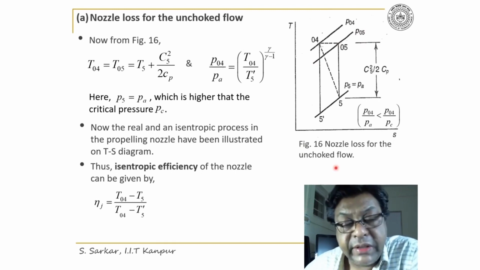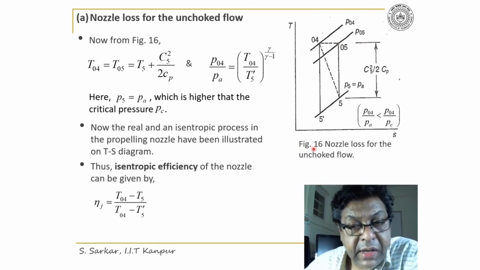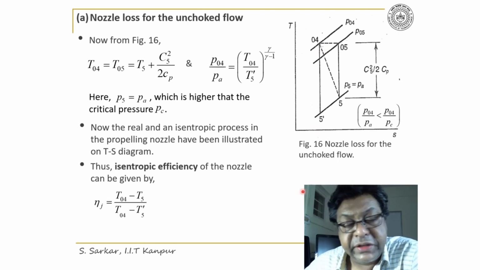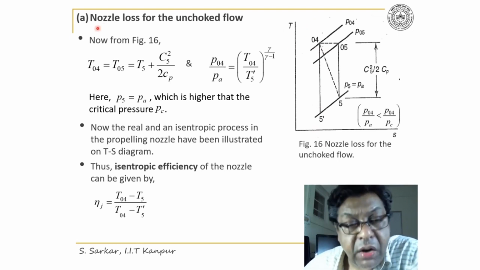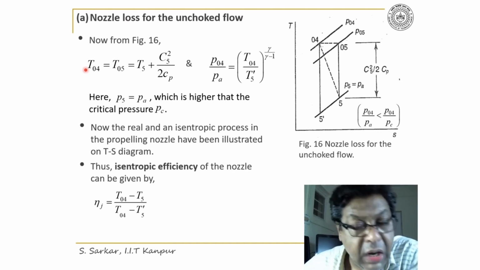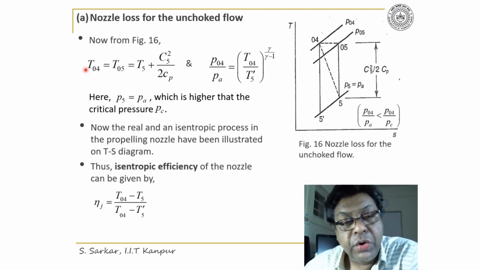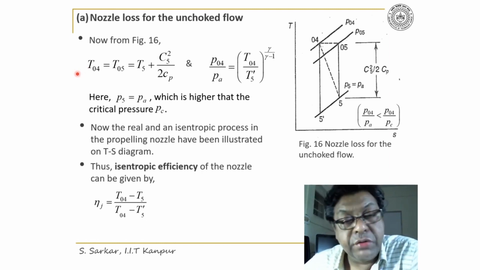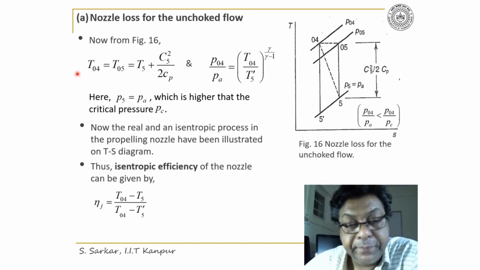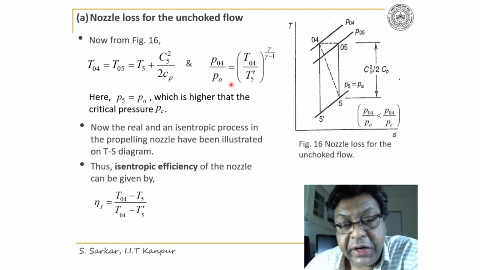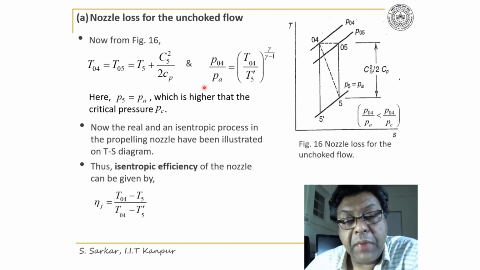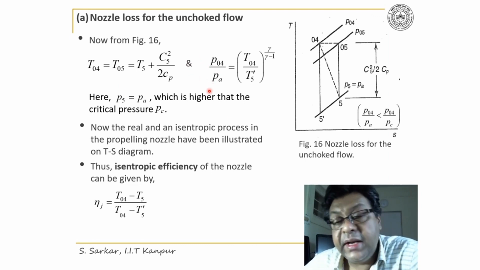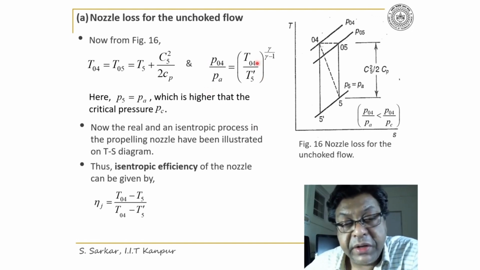After drawing the T-S diagram and getting the state points, I can now write down the expression that T04 is equal to T05, that is equal to T5 plus C5 squared divided by twice Cp. And the pressure ratio P04/Pa can be related with the temperature ratio T04/T5 dash.